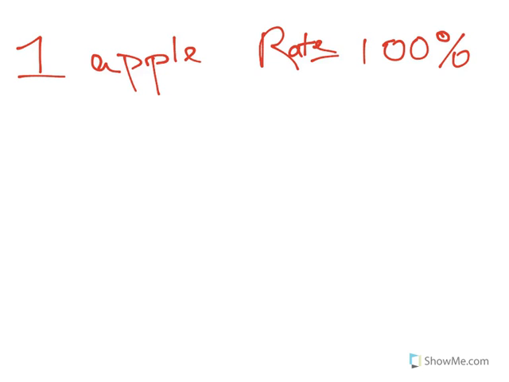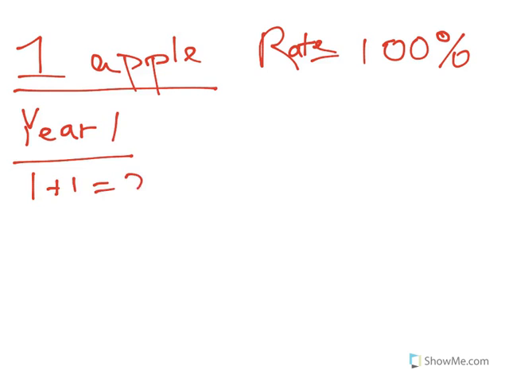We know that the rate is 100%, so whatever I put in I should get an extra 1. So at the beginning I have 1 apple. After year 1 I'll have 1 plus 1 is 2. So that's the same as simple interest.